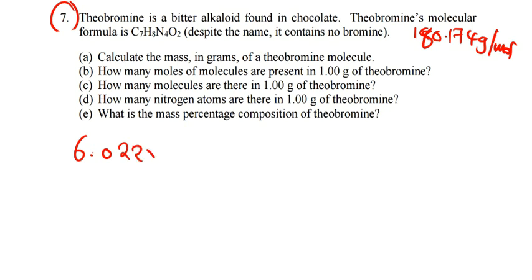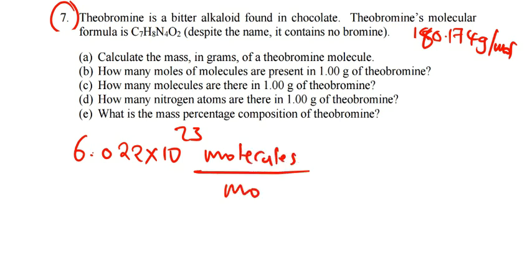In this case we're dealing with molecules, so I said per mole always. How do we find the number of molecules? The only way is by cancelling out the mole, implying we multiply by the number of moles, which we calculated from the previous question.